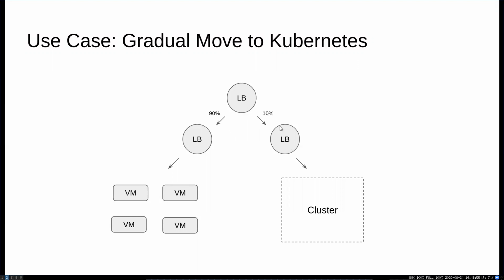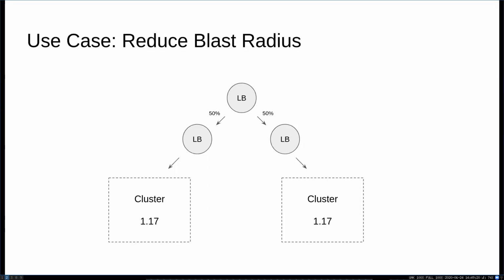So this is a standard pattern that we're following when we migrate services. Eventually, you change this rate where you divert only 10% to the VMs, 90% to the Kubernetes cluster, to the point where at some point you just drop the VMs completely, and hopefully you will need fewer resources than you had before as well.